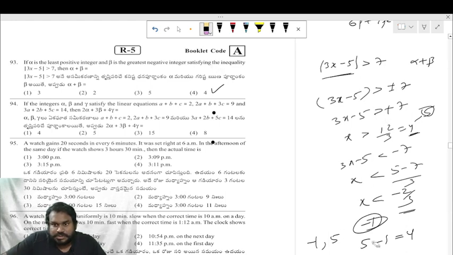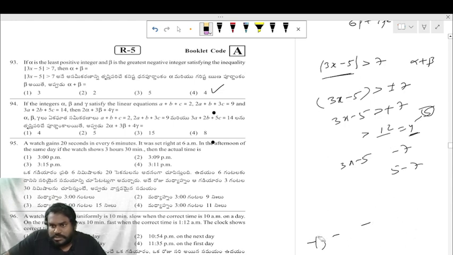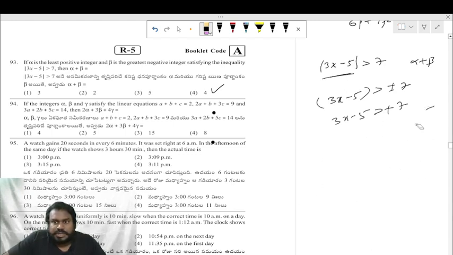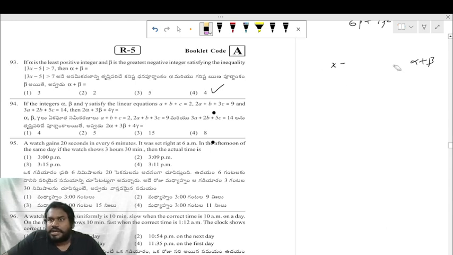The next question, 94. There are three equations given. If the integers alpha, beta and gamma satisfy the linear equations, then 2 alpha, 3 beta and 4 gamma is asked.